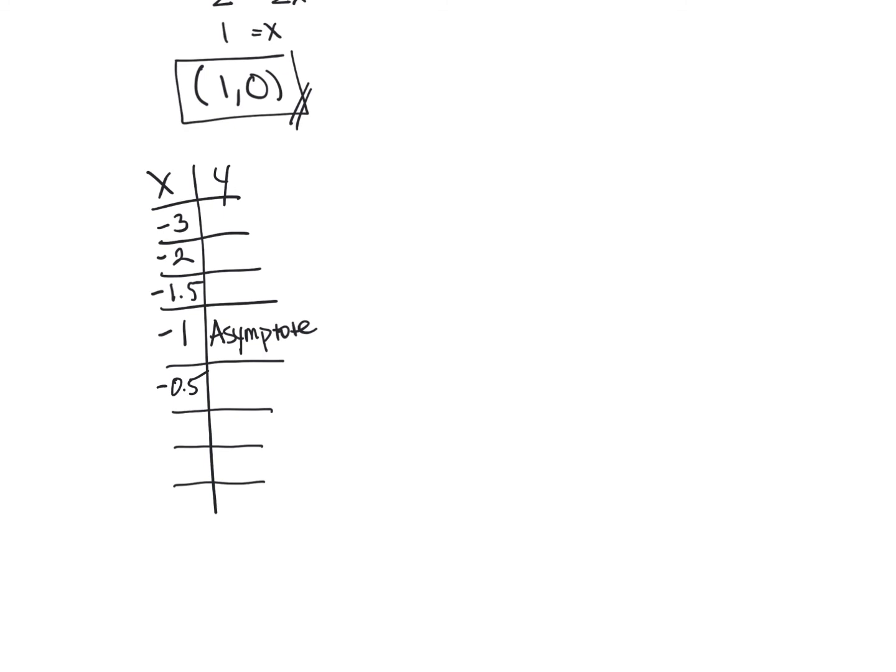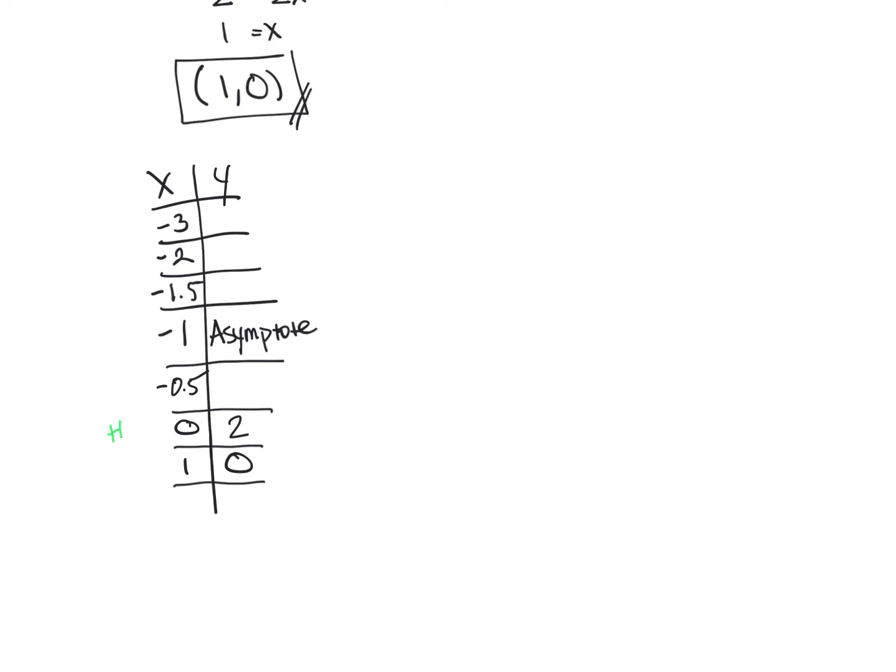And then continuing going forward, we'll have 0 and 1. Now from here, if we have any features that are not already listed in the table, we would add those in. But I see that we already have our x-intercept at 1, 0, and we also have our hole at 0, 2.